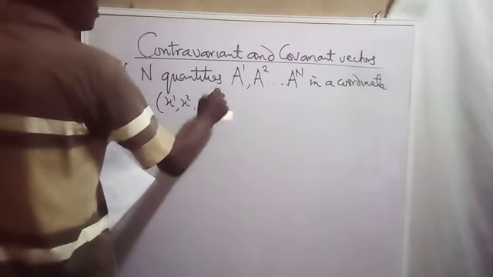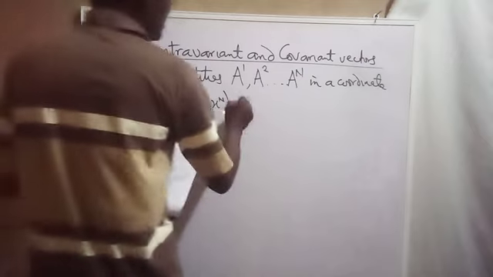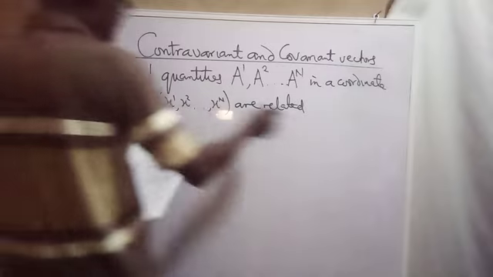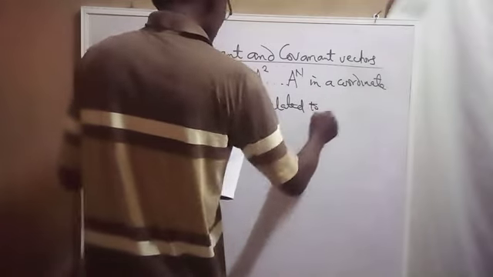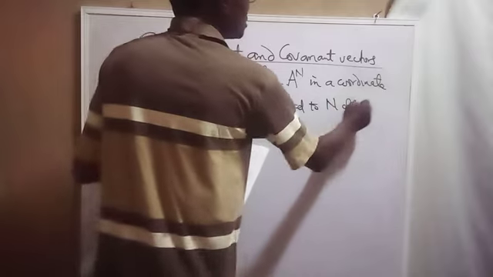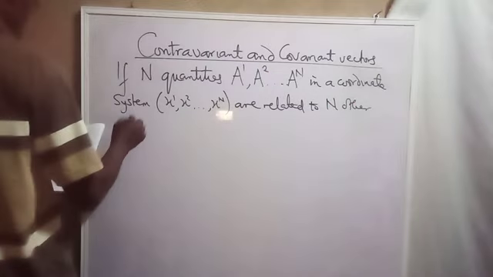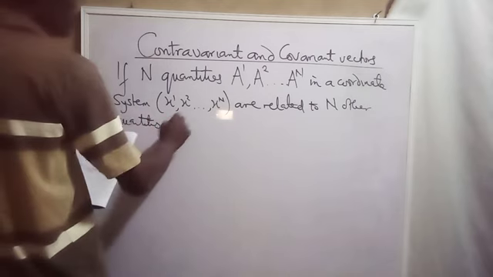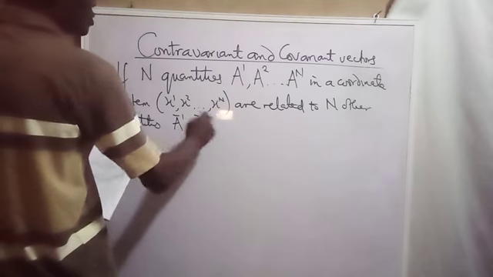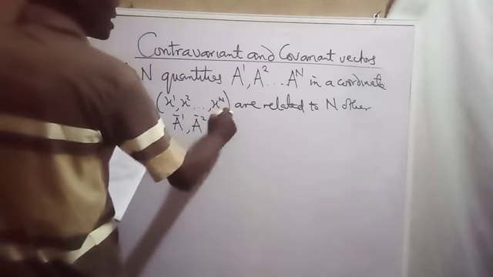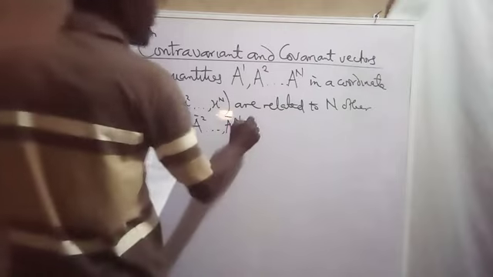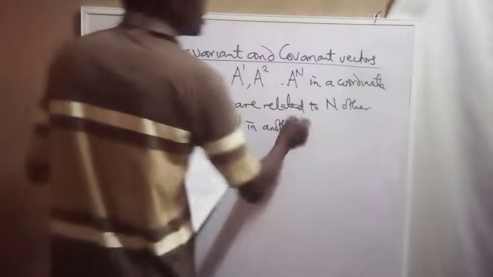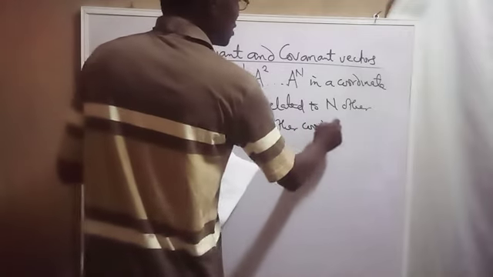Let's say these quantities in this system are related to n other quantities, that means they have the same dimension, but these quantities are A bar 1, A bar 2, up to A bar n, in another coordinate system.